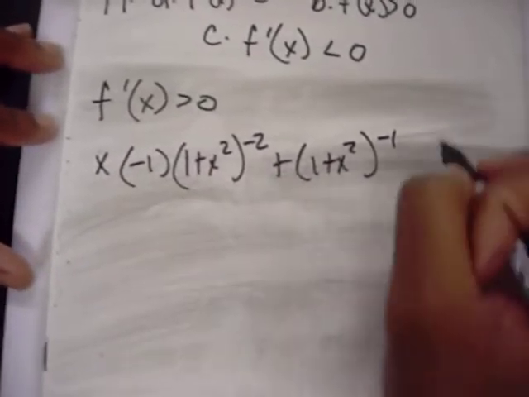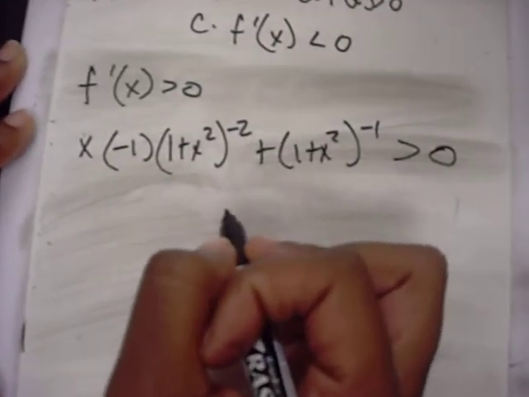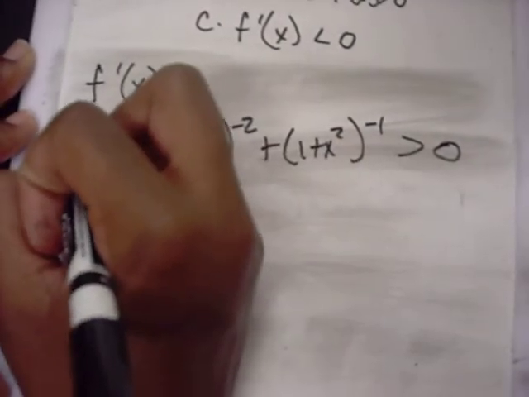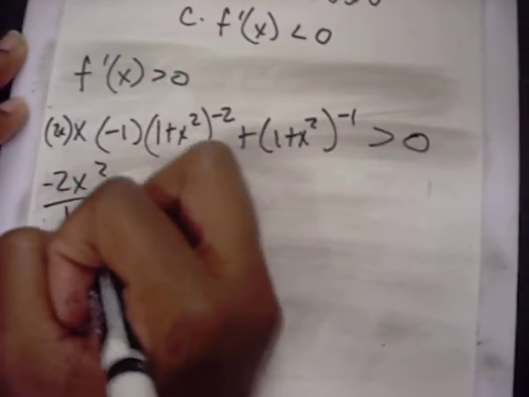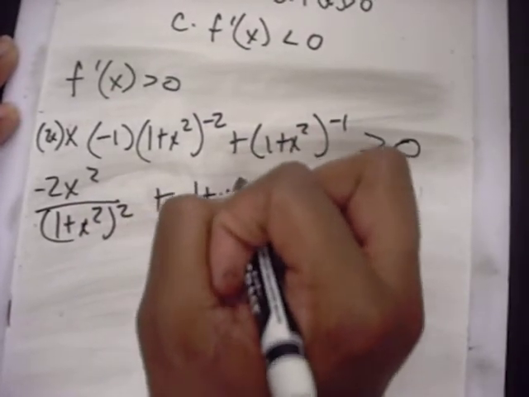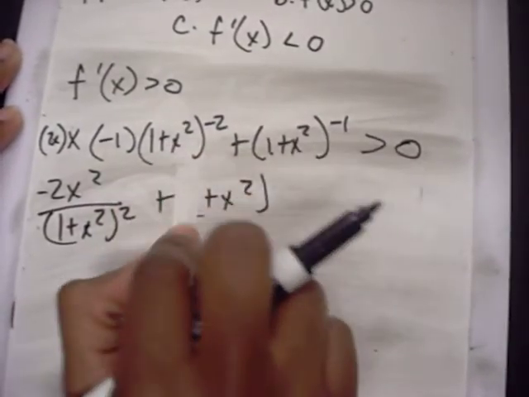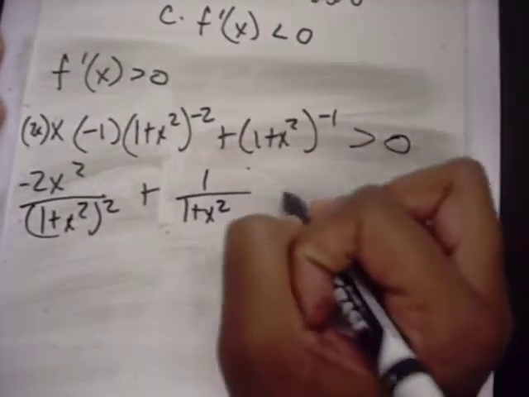And so you want it to be greater than 0. There's a 2x here. Do 2x squared over 1 plus x squared squared plus 1 plus x squared to the negative 1, which is 1 over 1 plus x squared, is greater than 0.